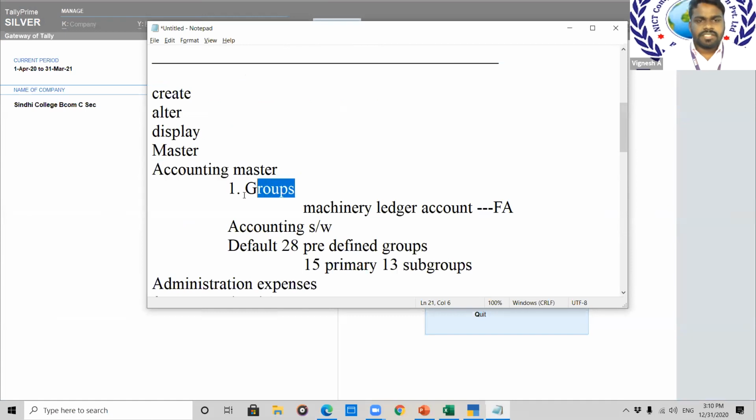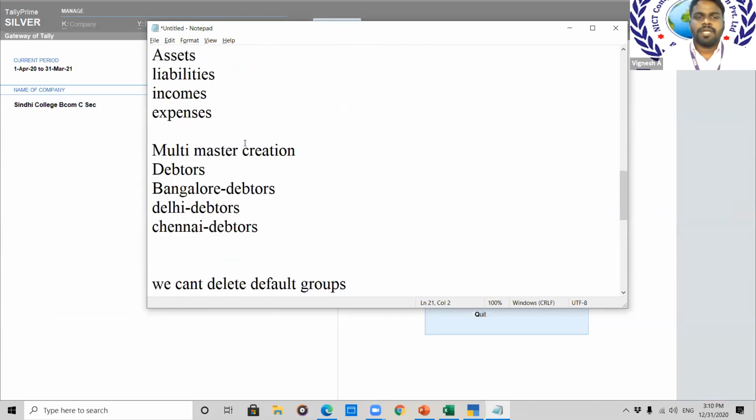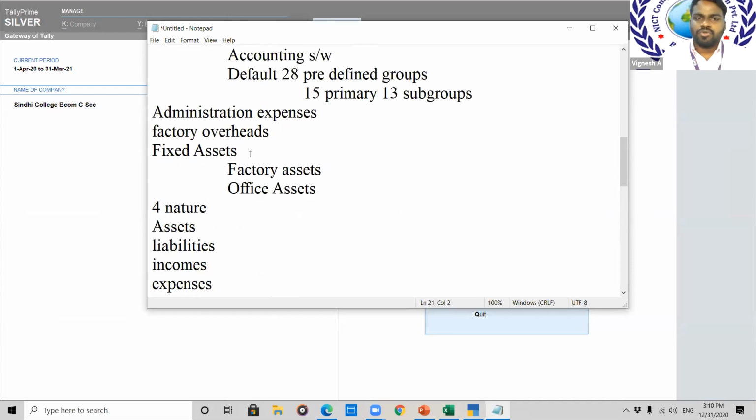We learned the first thing, called groups. We have two ways to create: one is single group creation, and we saw multi-master creation as multi-group creation at once. And how the subgroup and the primary group are created, we have seen. This is how we have to create it.